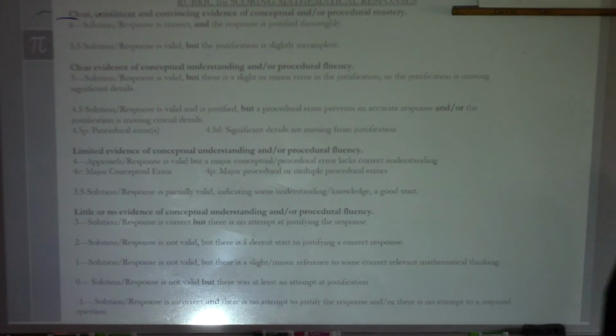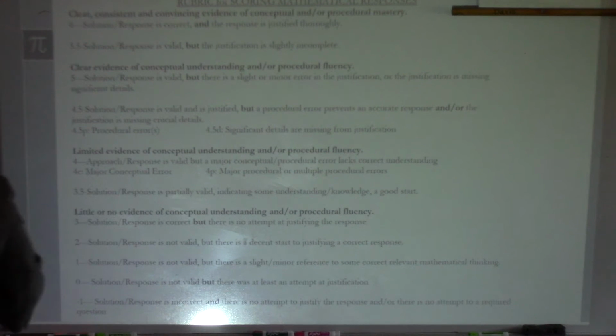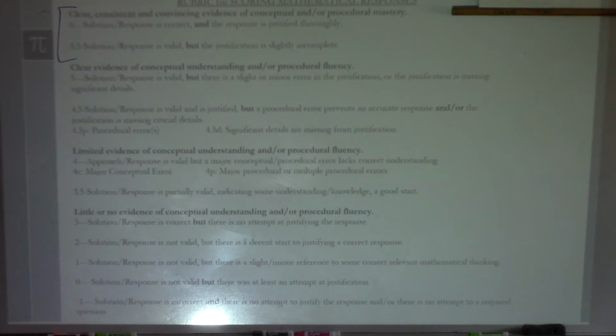5, 6, or 6. Okay, and I will say this, not just a 6, I think a 5.5 is pretty good as well. Notice, what does it say in bold above that 6 and that 5.5? No, what does it say above in bold? Clear, consistent, and convincing evidence of conceptual and or procedural mastery.